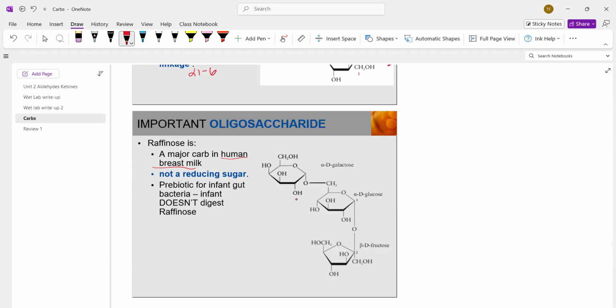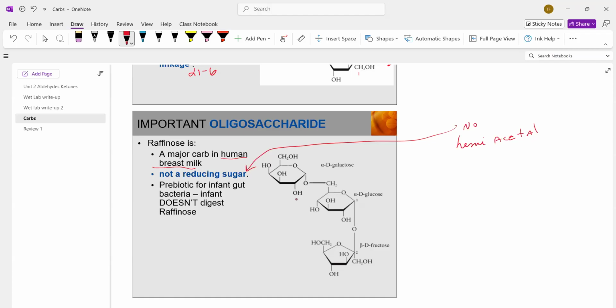It's not a reducing sugar because there's no hemiacetal. Let's make a quick note of that. And so the baby cannot ingest and metabolize raffinose.